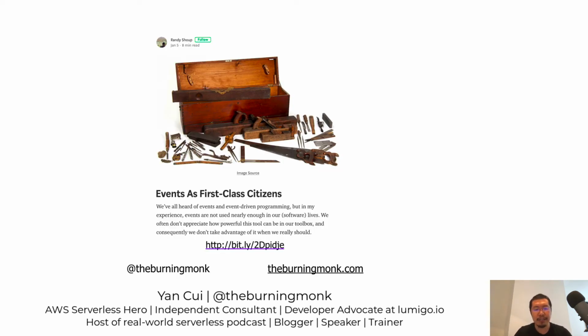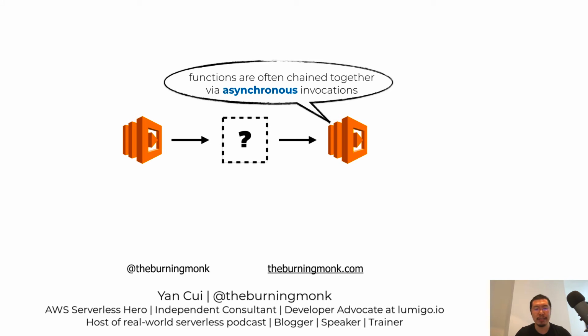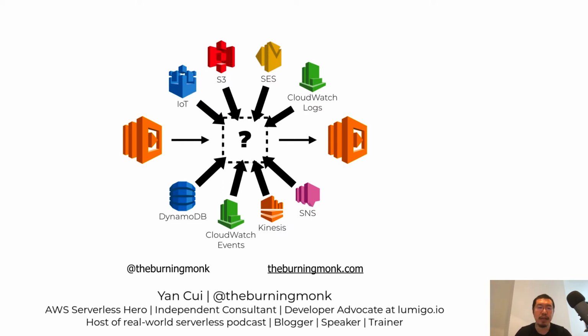Another thing we see is the rise of event-driven architectures with serverless, mostly because with Lambda, Kinesis, EventBridge and all these different systems, it becomes really easy to build a truly event-driven system with lots of compute happening and reacting to events in the system. So what we see now is a lot of functions being chained together through asynchronous invocations, through things like IoT messages, files being dropped into S3, or more likely in this case, between different functions.